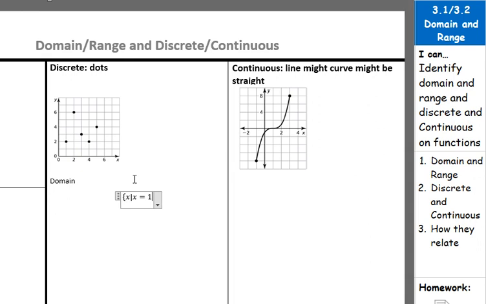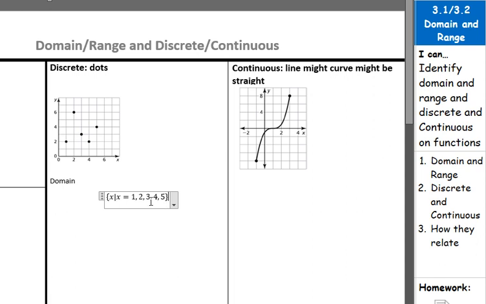So it can be 1, 2, 3, 4, and 5. And then I close it with a bracket. So x such that, that's how we read that pipe, x such that x is equal to 1, 2, 3, 4, and 5. That's my entire domain. There's 5 points. I have 5 spots for my domain.